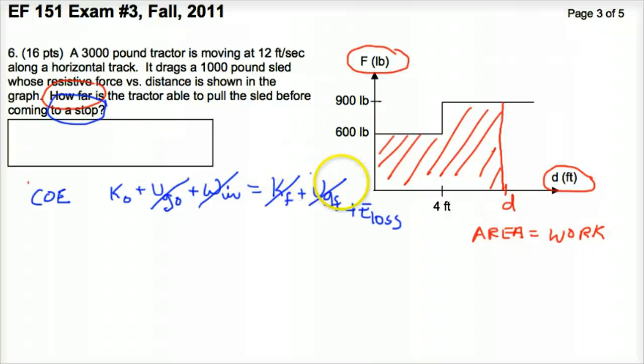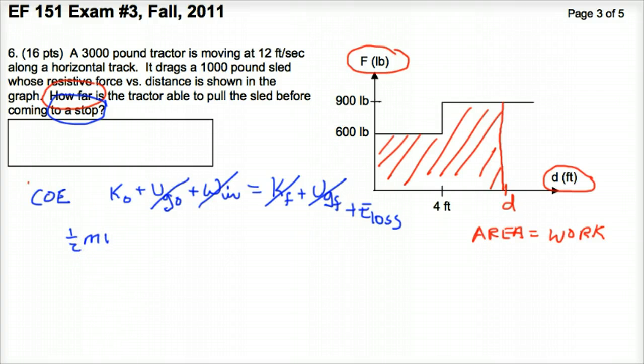So basically, the tractor's engine stopped pushing, and we're just going to see how far it takes us to stop. Okay, so that leaves us K. Kinetic energy is equal to energy loss.